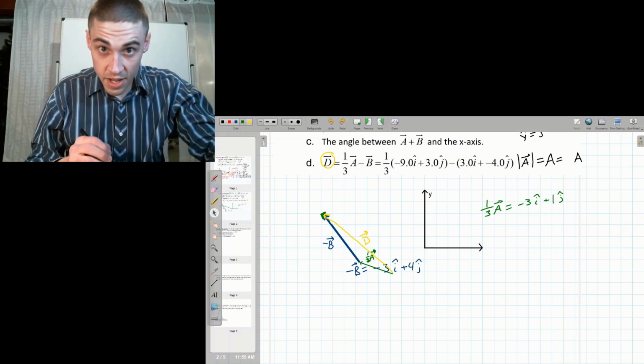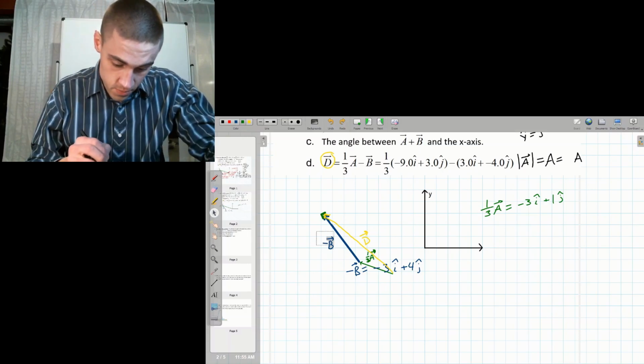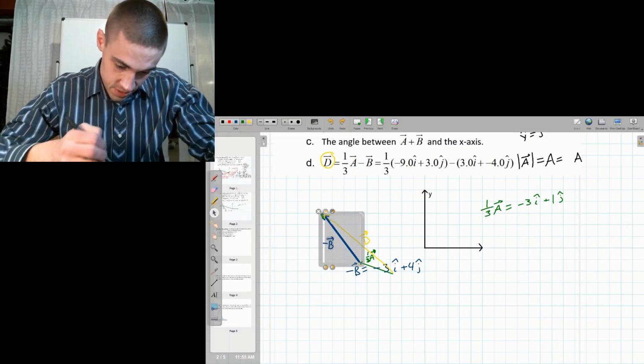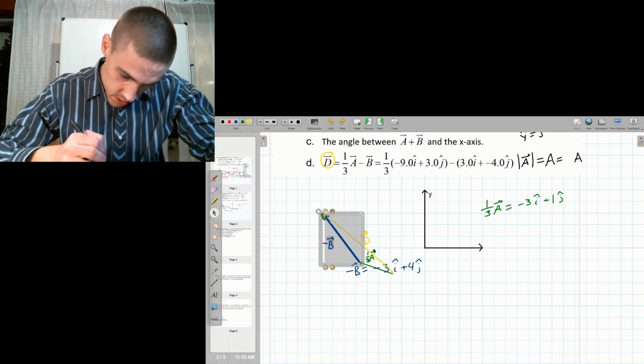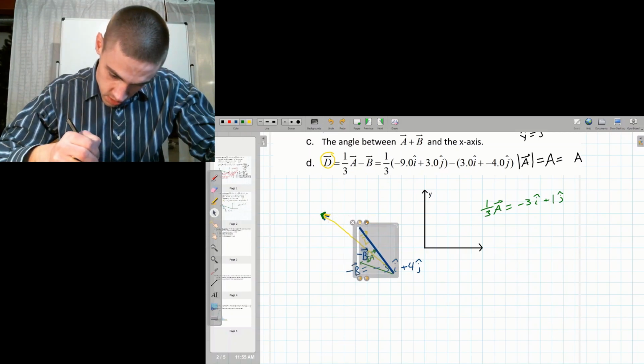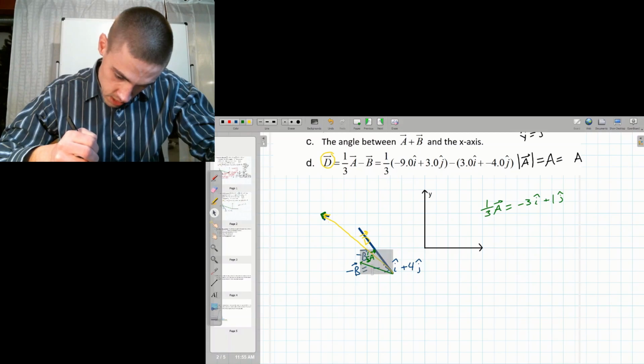So if I had done it in the opposite order, it would look a little bit different as I'm doing it, but I could take this minus b and slide it over here, and then I could take this 1/3 a and slide it up over here, and you'll see that I would end up in the same spot.